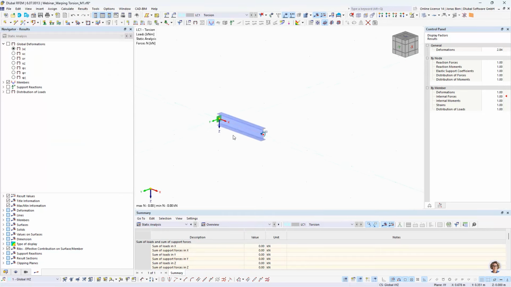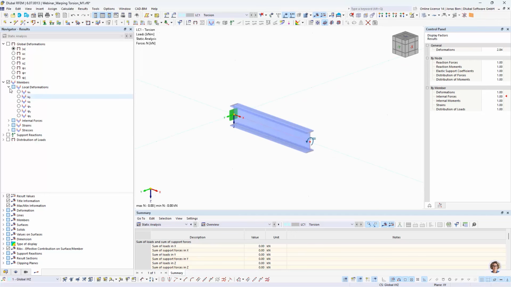So I just click on calculate, and what we get now are the local deformations, the internal forces, strains and stresses. But let's keep an eye on the local deformations and forces that are actually now calculated here. We can see that we have 6 of them. So these are the 6 local deformations that are usually taken into account: 3 translational and 3 rotational.